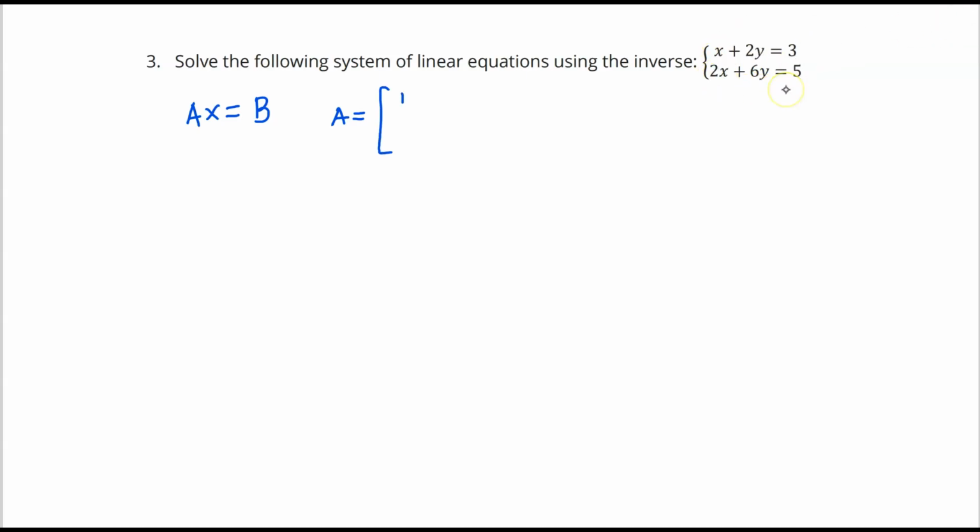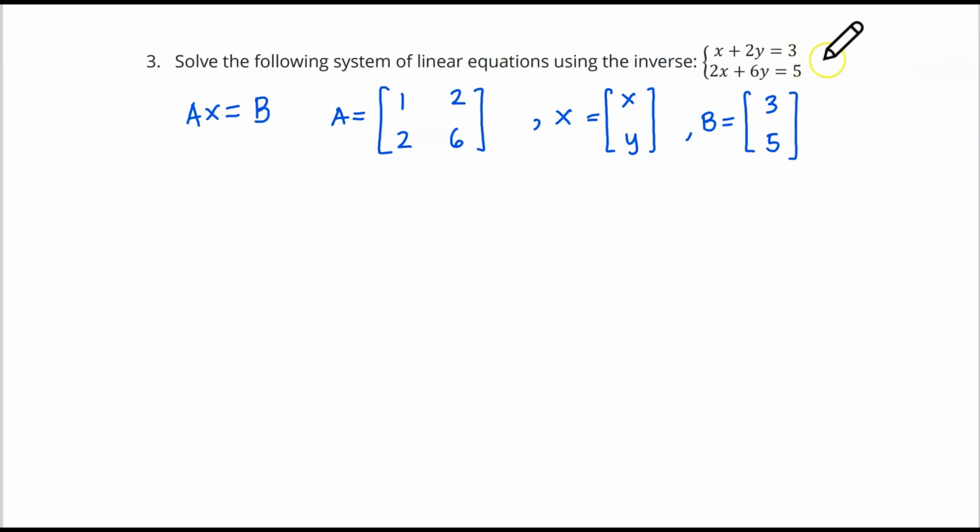So that will be 1, 2, 2, 6. And then X is the column matrix containing the variables involved. So we have X, Y. And then B is the constants here. So B is the column matrix 3, 5.